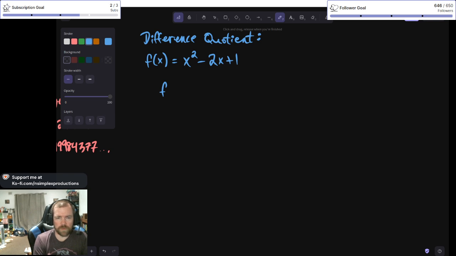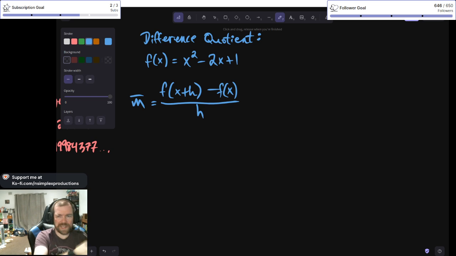So we're saying that we want the average slope. So this is f of x plus h minus f at x all over x plus h minus x, which again is just h. So the average slope between any 2 points could be given by this particular formula.